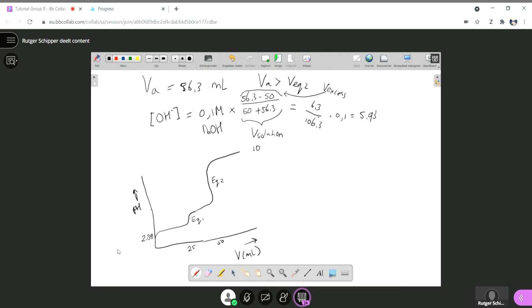5.93 times 10 to the power minus 3. So that's the hydroxide concentration. The minus log value of this concentration is equal to 2.23, I think.